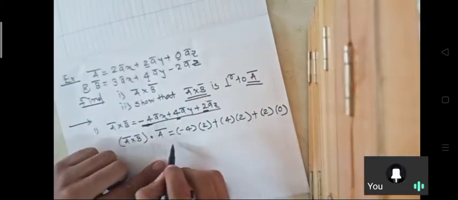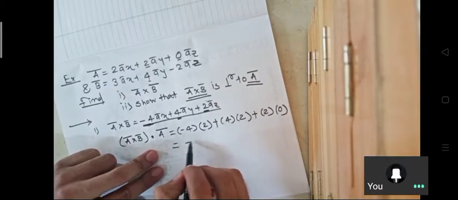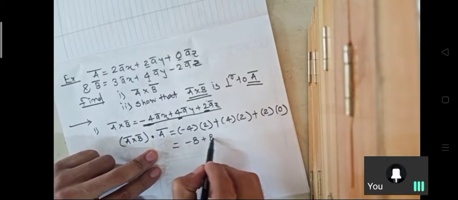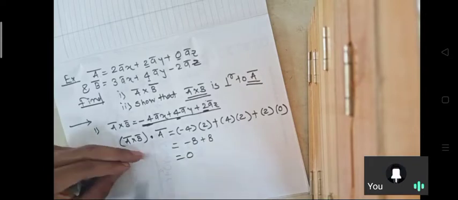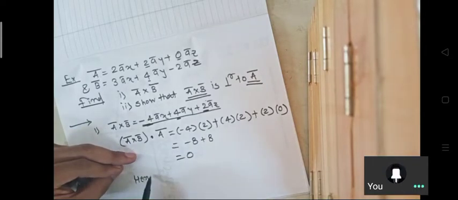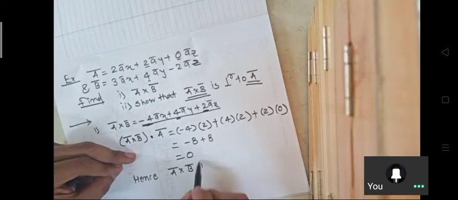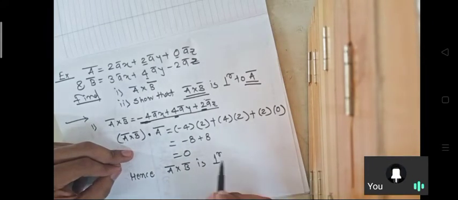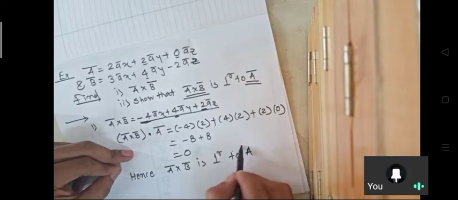So we get here -8 plus 8. So the answer is 0. Hence a bar cross b bar is perpendicular to a bar, right?